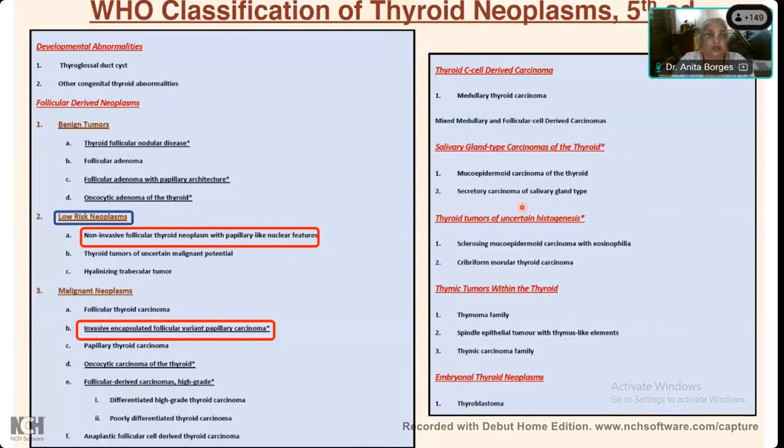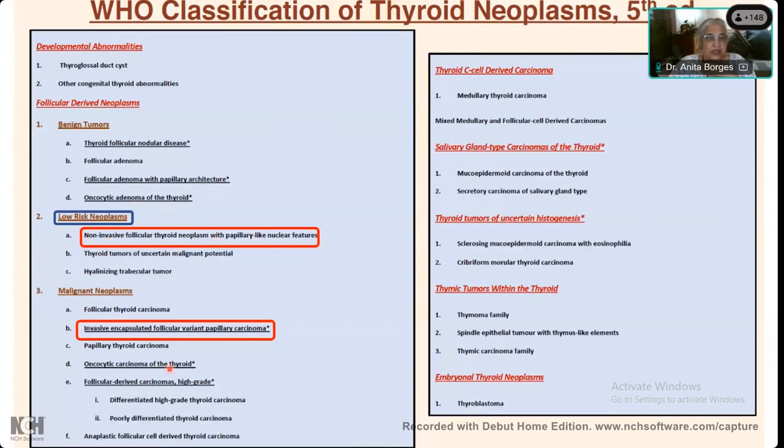And this is the new WHO classification of thyroid neoplasms. I felt again very vindicated, because I said that there were tumors of low risk. And lo and behold, here are low risk neoplasms, and the first low risk neoplasm is NIFTP.